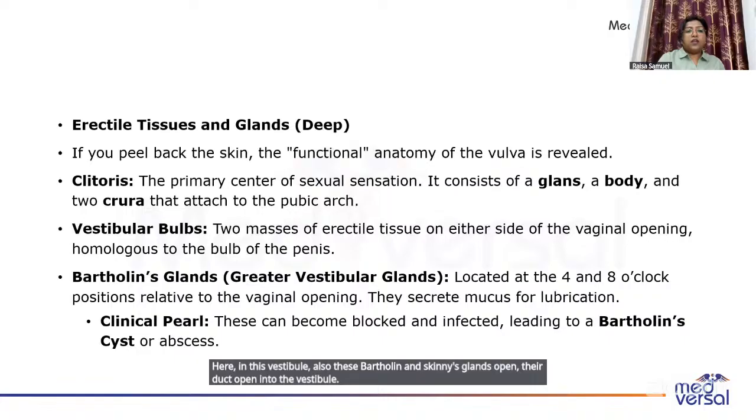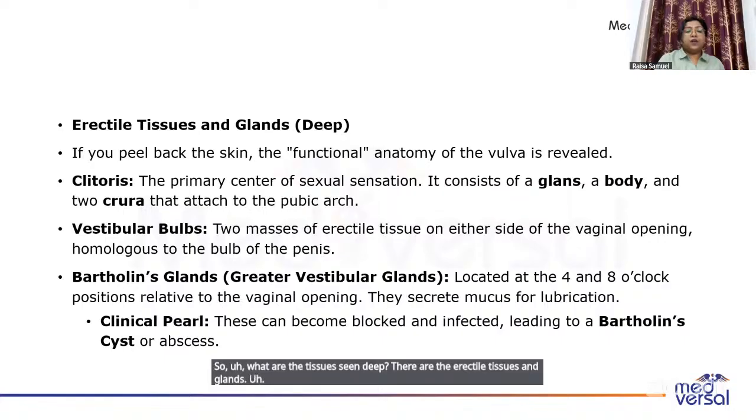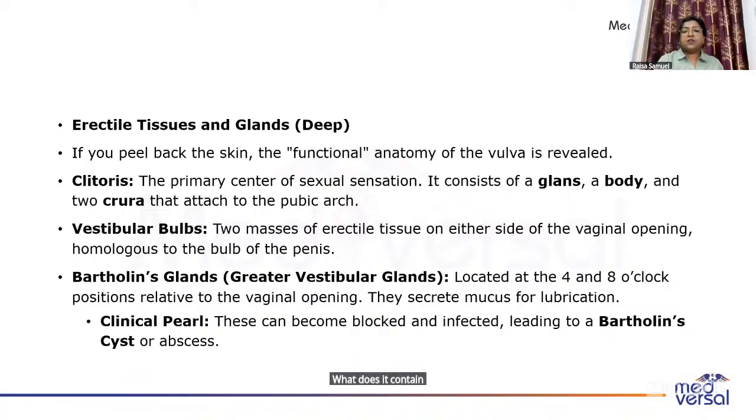So what are the tissues seen deep? There are the erectile tissues and glands. If you peel back the skin, that is you open the vulva, then you can see the clitoris, the primary center of sexual sensation. It consists of a glans, a body, and two crura that attach to the pubic arch.